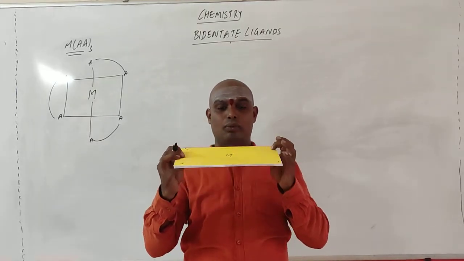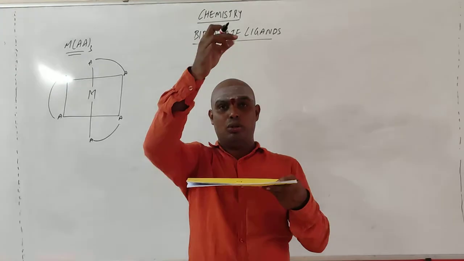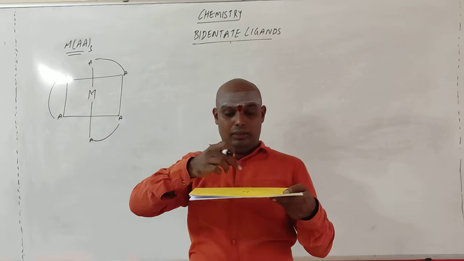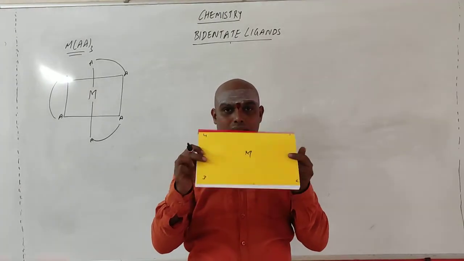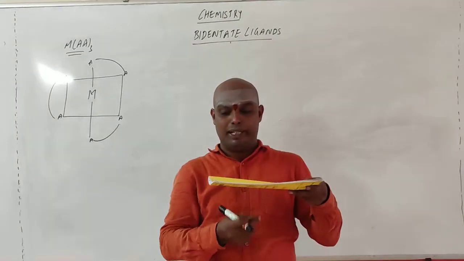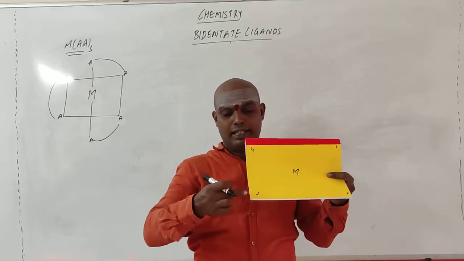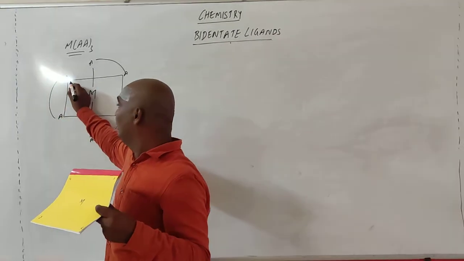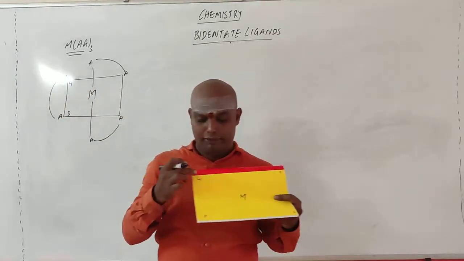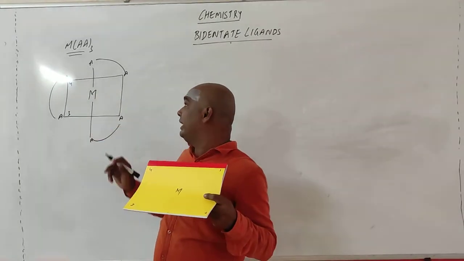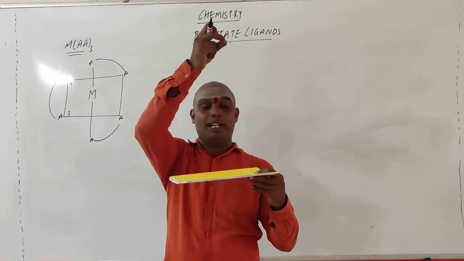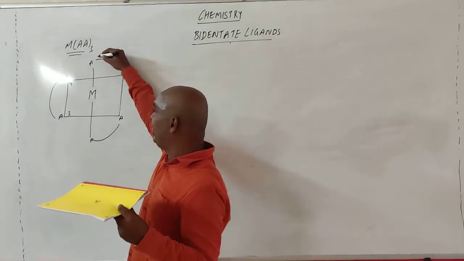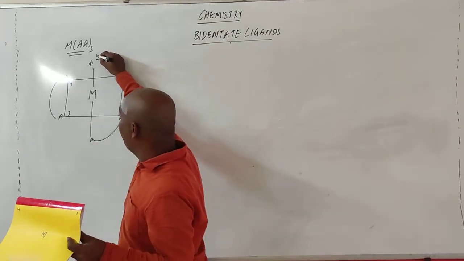Now I am placing one at position 5 above and one at position 6 below. This is the structure. One is above the plane and one is below the plane. Now 4 and 3 form one bidentate ligand. Let me take the top one as 1, and let me take 5. So 5 and 1.